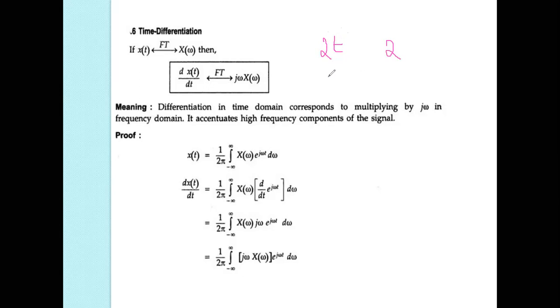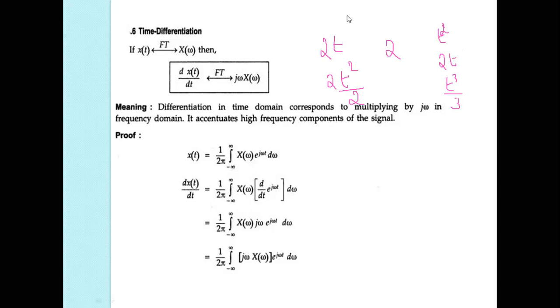And what is the integration of this one? t square by 2. So j omega is multiplied in differentiation and divided in integration. Otherwise, the integral of t square is t cube by 3.